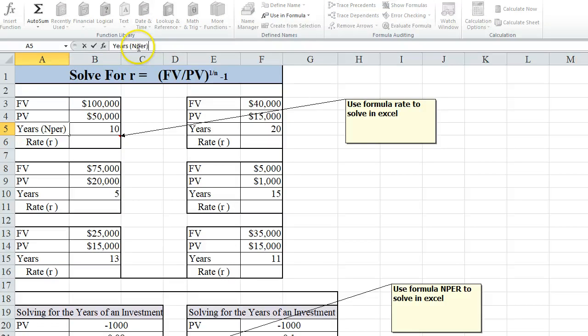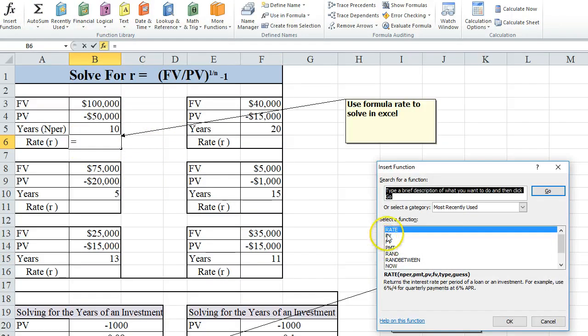N per, it's going to be the rates, and so the present value, remember, for this to work right in Excel, I need to express this as a negative. So I'm just going to update these and put these as negatives so that the solutions will come out looking like a whole number. The percentage will be correct, otherwise it won't be able to calculate. Okay, so now we're ready.